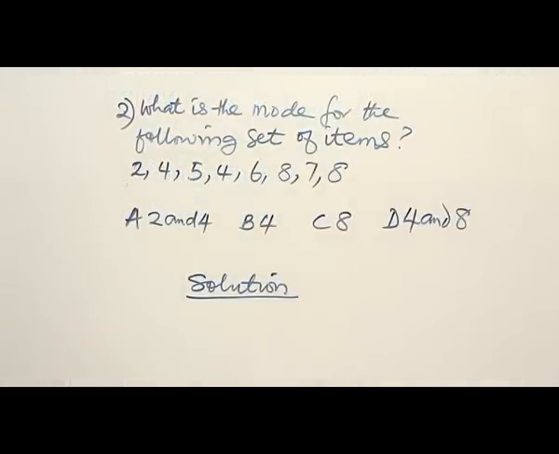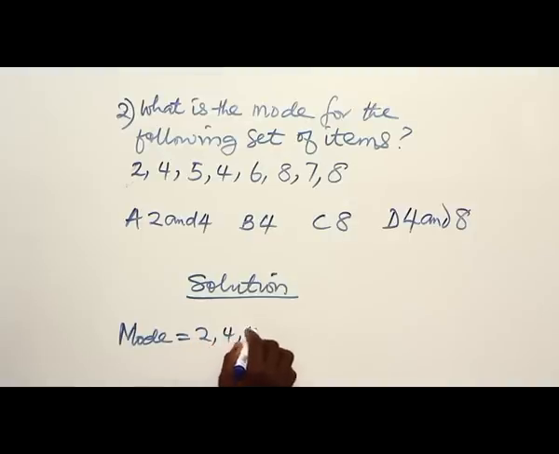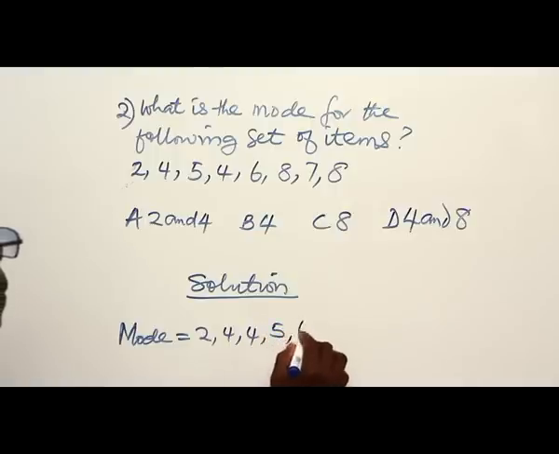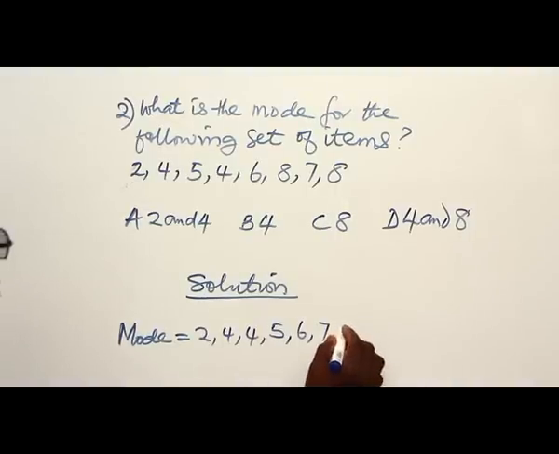So we have to rearrange the figures for convenience's sake. So we have mode written as 2, 4, 4, 5, 6, 7, 8, 8.